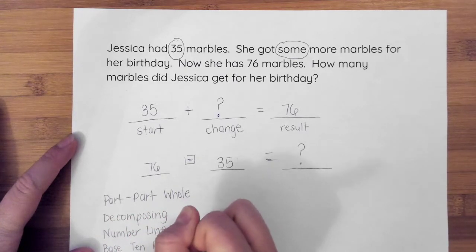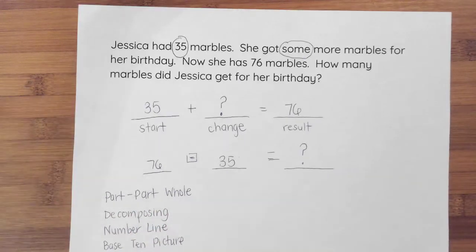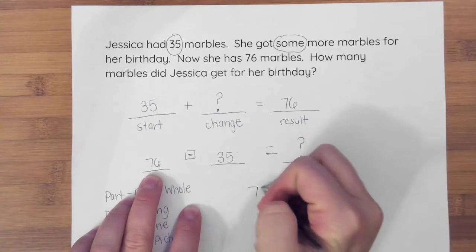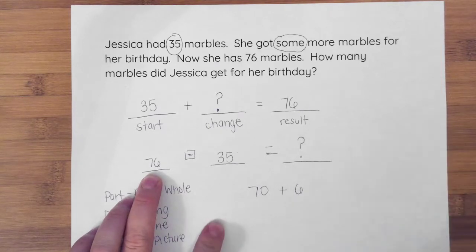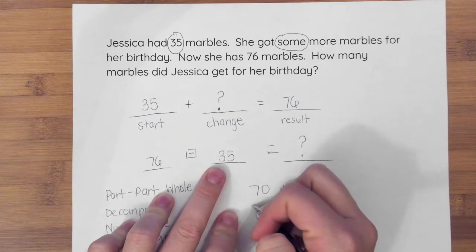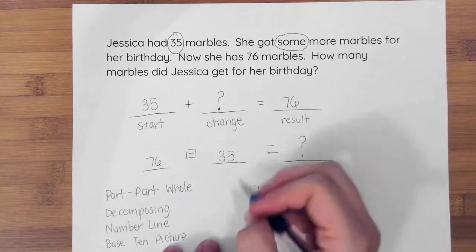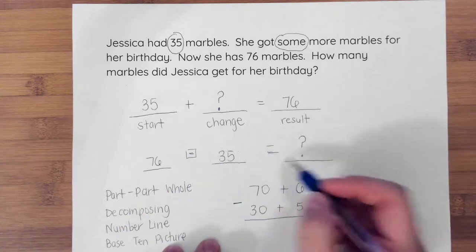I think I'm going to use my decomposing this time to try and figure this out. So if I know my decomposing, it's 70 plus 6. And then for 35, it's 30 plus 5. But in this case, I'm going to subtract. I'm going to take away to figure out.